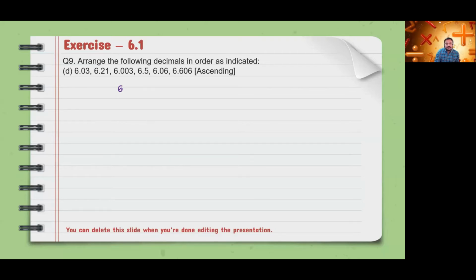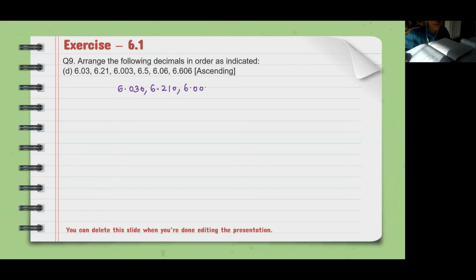Ajinkya Shitole, don't mute yourself. Keep it unmuted. Sir, 6.03 will become 6.030. Correct. Next, 6.21 will become 6.210, only one zero.